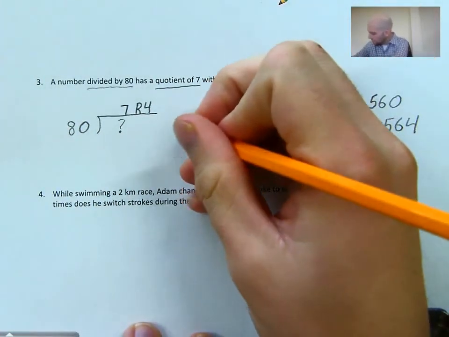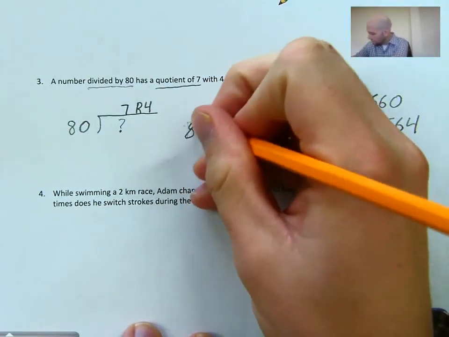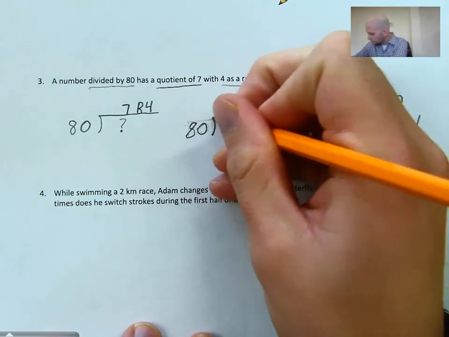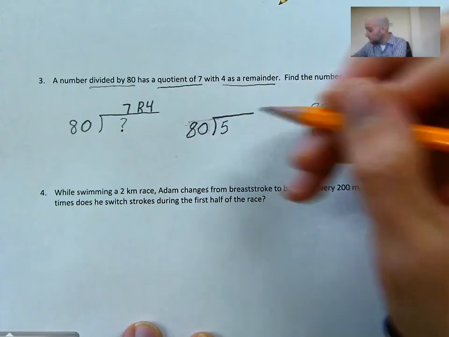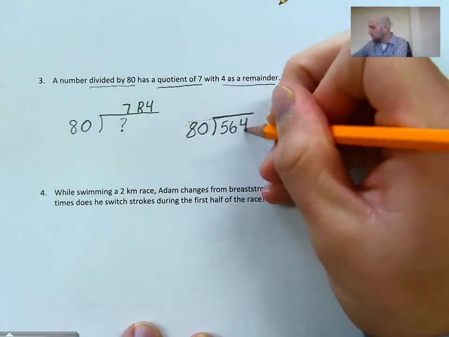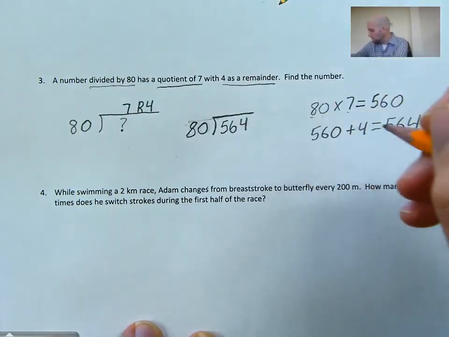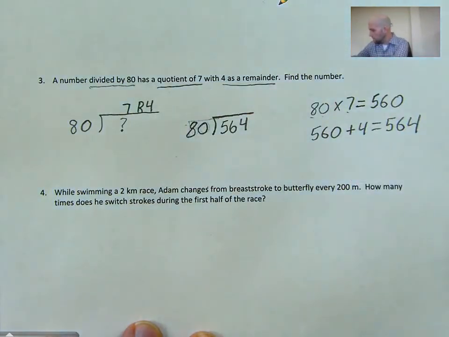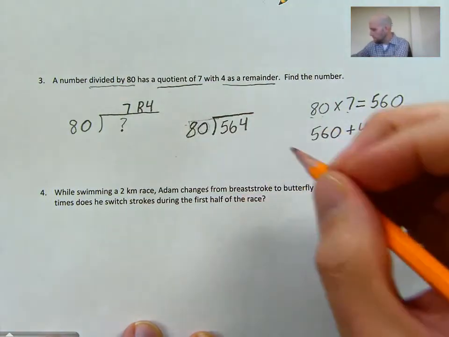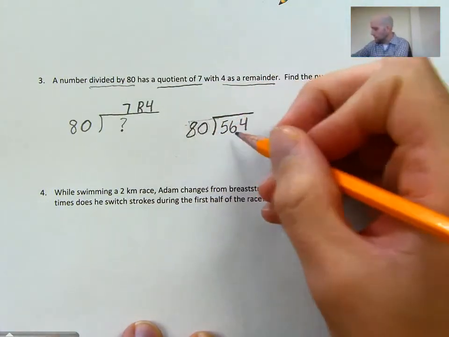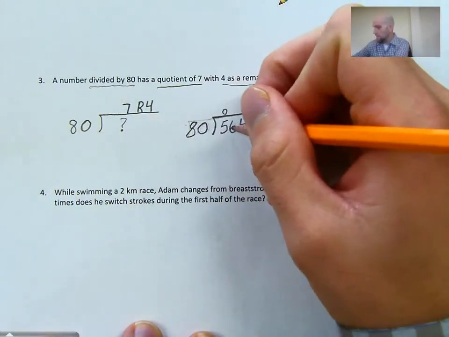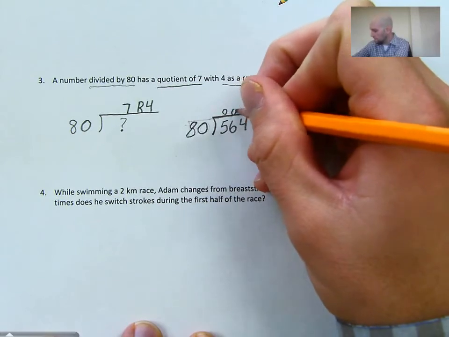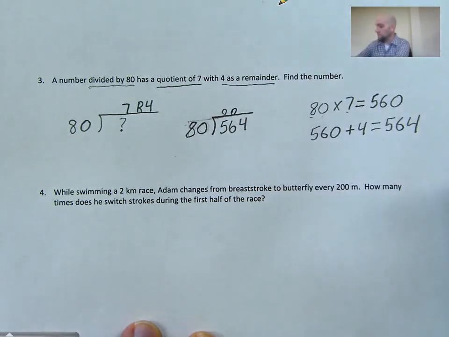Put 80 on the wrong side here. 564 divided by 80. And then we want to do 80 into 5 is 0. 80 does not go into 56 either, but it will go into 564.